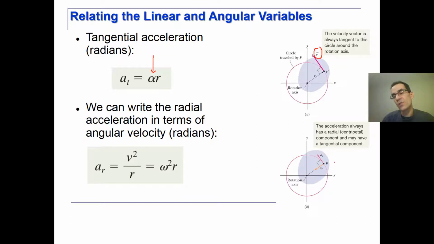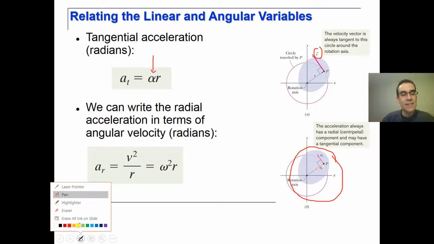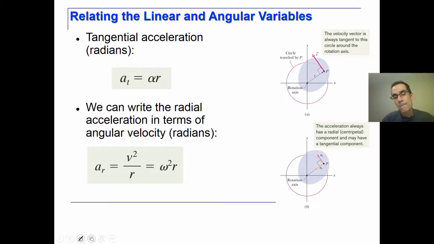And so you see, look at this cartoon down here. It's trying to represent, for every point, there are two components of acceleration, the radial and the tangential. Now, the tangential may be zero if the object is rotating with constant angular speed. But if it is increasing its angular speed, then the tangential is not zero.